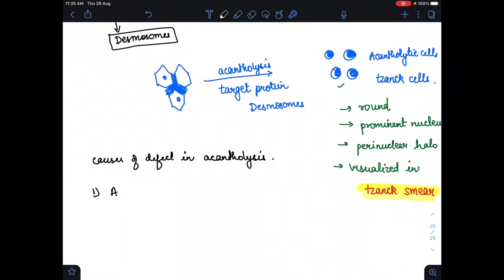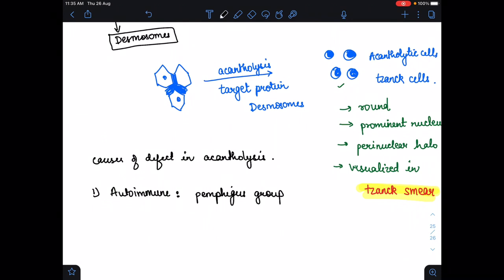So the first one is autoimmune. And where do we find autoimmune acantholysis? Autoimmune acantholysis is seen in the pemphigus group, due to which acantholysis will occur.